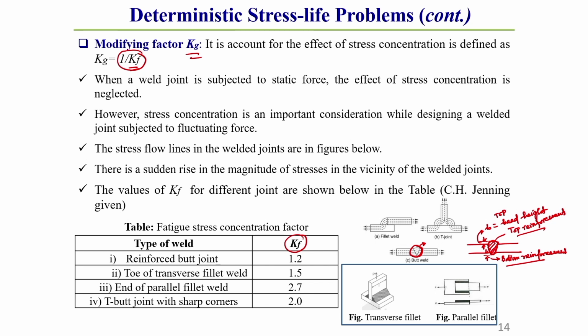So due to this stress concentration for a reinforced butt joint, a scientist whose name is C. H. Jennings established this Kf factor, which is generally equal to 1.2. So C. H. Jennings calculated this Kf value for different types of weld joint.